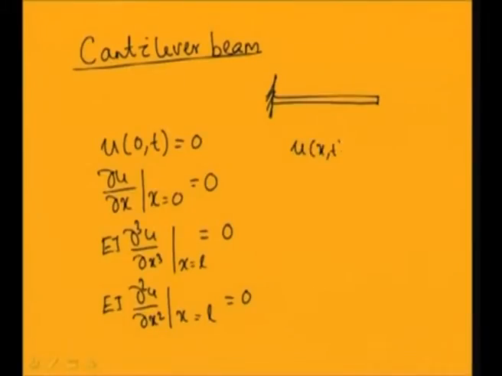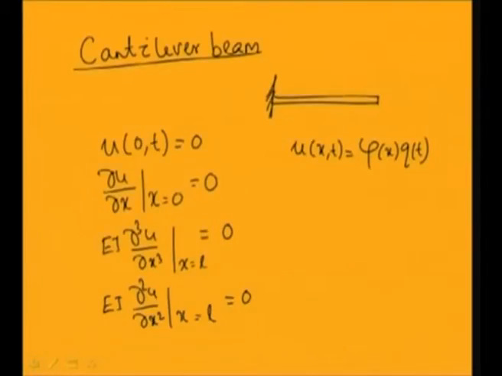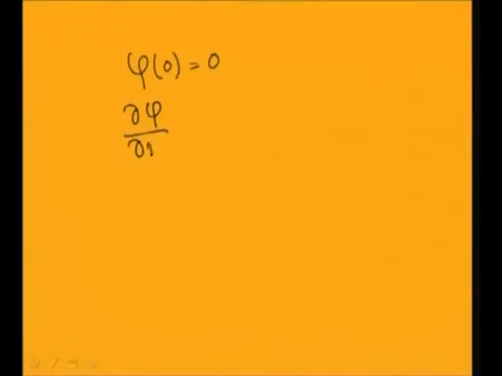As we have taken u(x, t) equal to psi x into q t, u(0, t) equal to 0 implies psi 0 equal to 0. From the second condition, del u by del x at x equal to 0, by substituting this expression, I can find del psi by del x at x equal to 0 equal to 0.